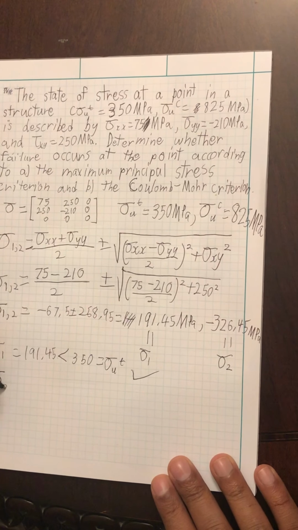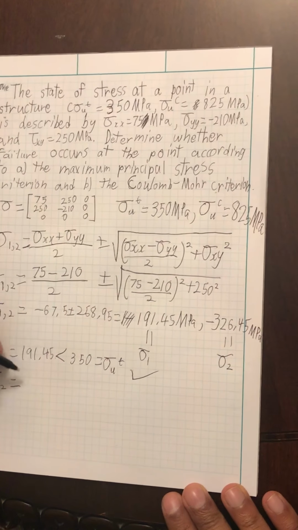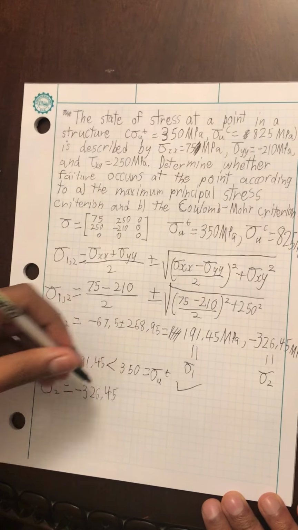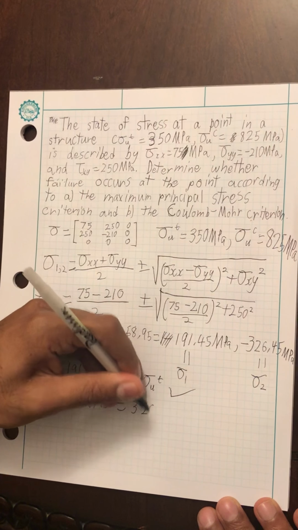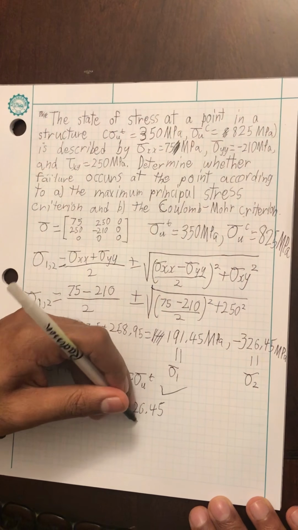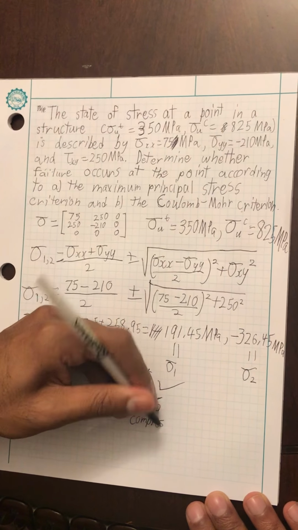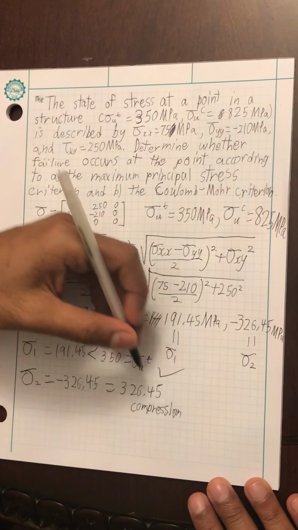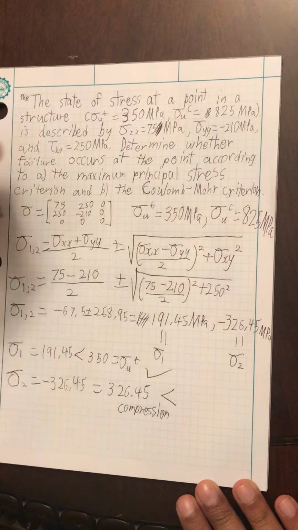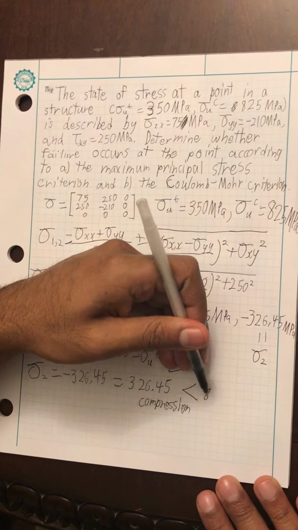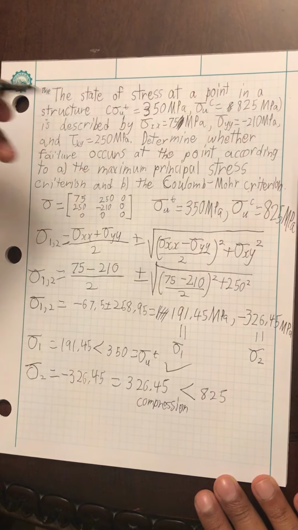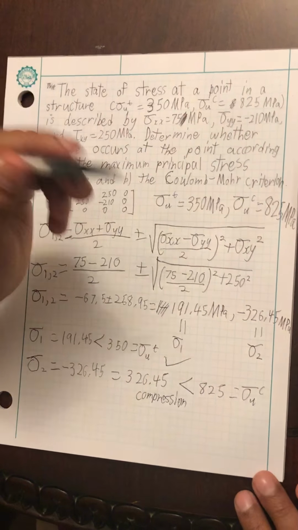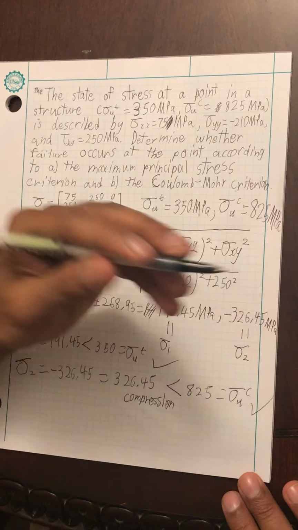And then for sigma 2, we can tell that negative 326.45, which is really 326.45 in compression, since it's opposite, it's negative, is less than 825 megapascals, which is equal to the max compression essentially. And so that checks out.